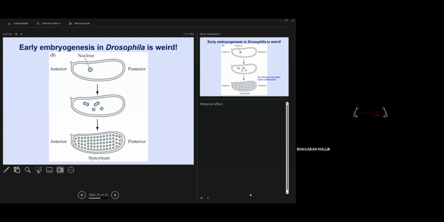It becomes a mass of nuclei in one compartment, and this is called a syncytium. This is the anterior and this is the posterior portion of the Drosophila embryo. There is no embryonic transcription before cellularization. So here there is no transcription.